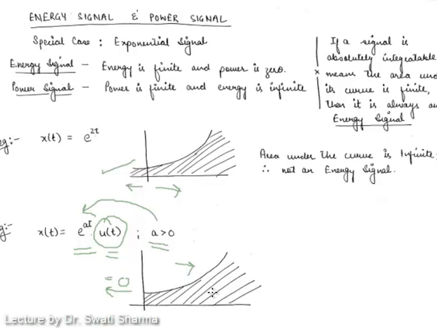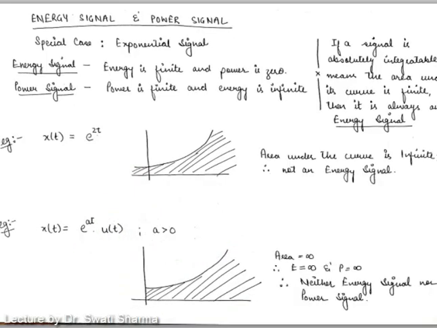Even if the signal is existing on the positive time axis, we can easily make out that this signal is increasing to infinity with the time approaching infinity, which clearly states that here also the area under the curve is going to be infinite, so the energy is also going to be infinite.